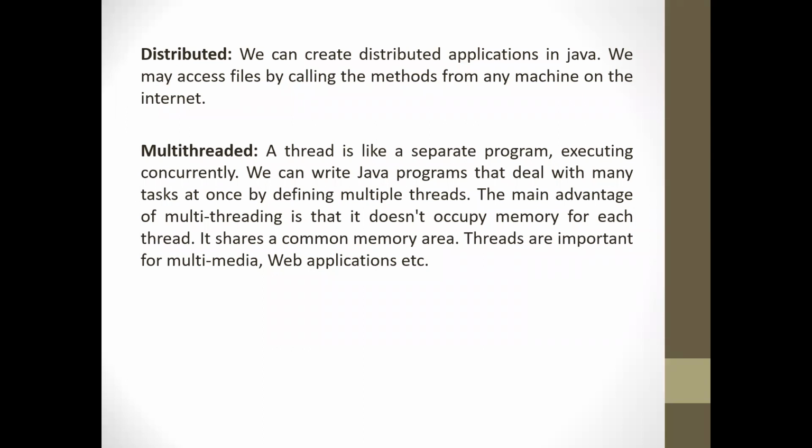Multiple things are happening at the same time. This is due to the concept of multi-threading. That is also one main and important concept of Java. These are all the features which make Java a famous language.